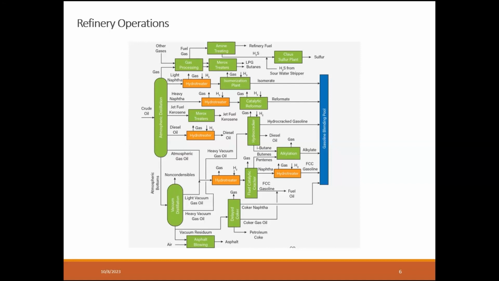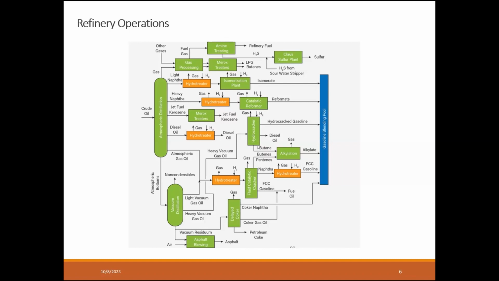And I think the same goes for the crude selection. Crude selection will also differ based on the product target. For instance, I think Arab Heavy or Middle Eastern crude oil is very well known for being heavy stuff. So if you want to produce more diesel, we will take crude from Middle Eastern countries.